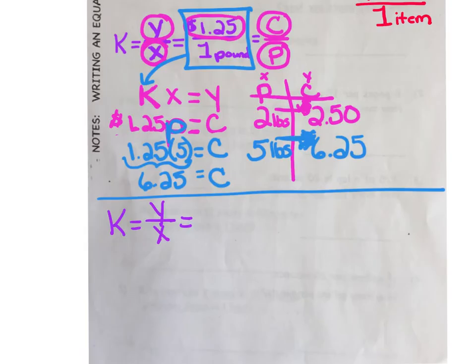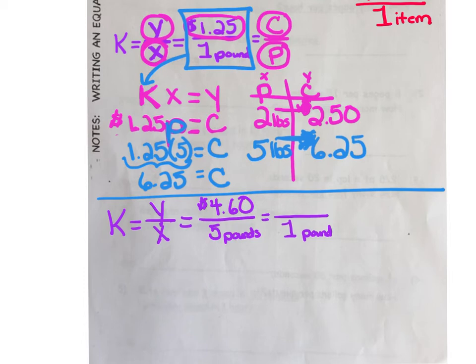Let's say we're told it costs $4.60 per 5 pounds of candy. Now that's not a unit rate. We need to calculate a unit rate per 1 pound, and then that will help us write our formula.